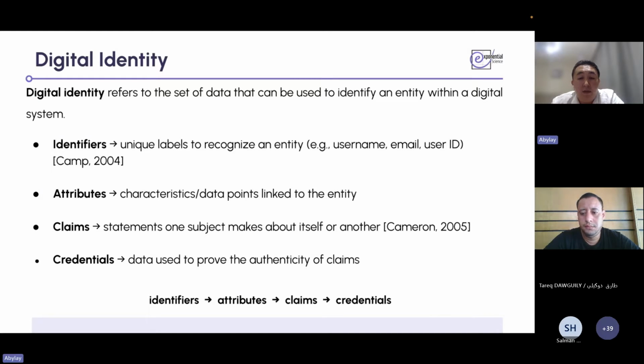A collection of claims creates a credential, which wraps these claims and is used to prove their authenticity. These are the terms related to digital identity from the literature.